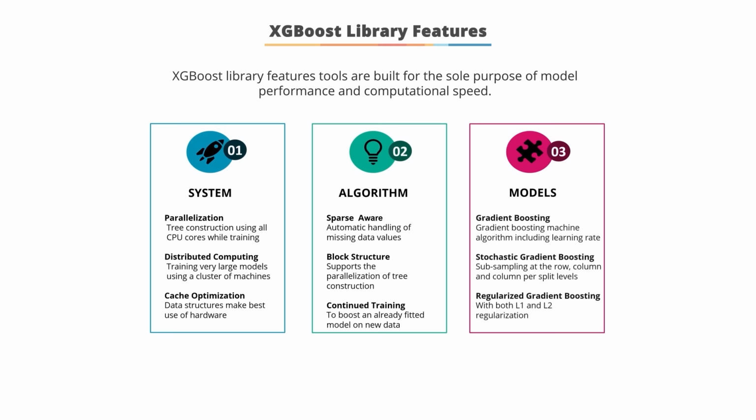Model features are gradient boosting. It uses the gradient boosting machine algorithm, including learning rate. Stochastic gradient boosting: it does subsampling at the row, column, and column per split levels. Regularized gradient boosting: it does regularization using both L1 and L2 regularization.